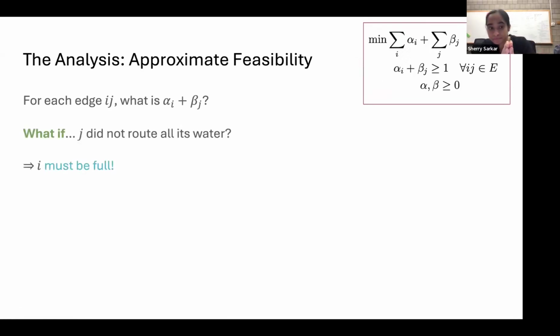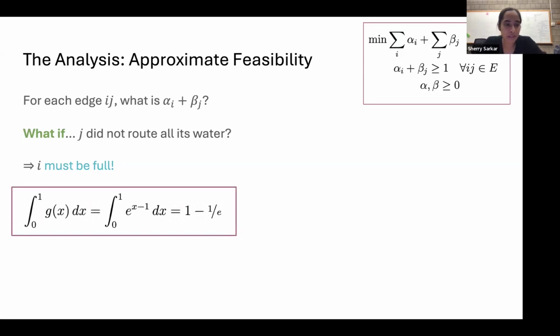There are two cases. j is an online vertex. What if j did not route all of its water? That implies that i must be full, right? Because if i wasn't full and j still had water to route, water filling tells us it's going to route water to i. And now this is where the magic of g comes in. This is the analysis for alpha i.